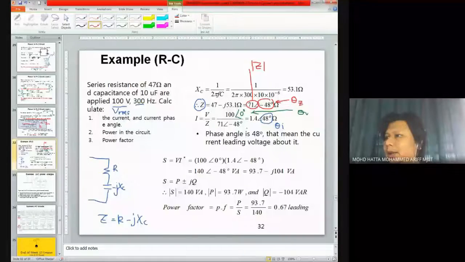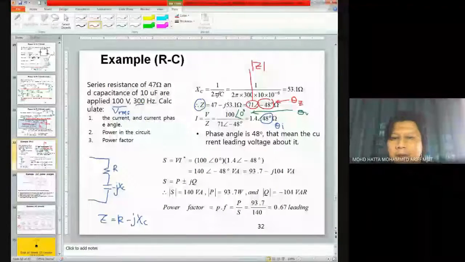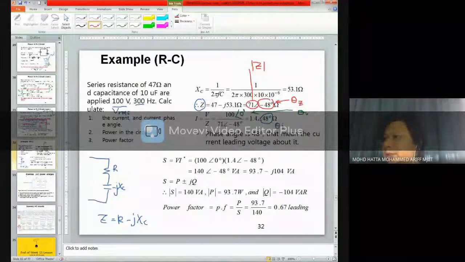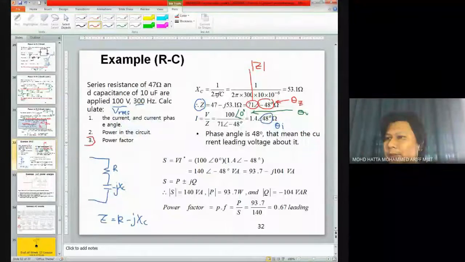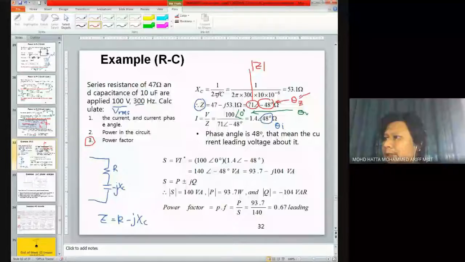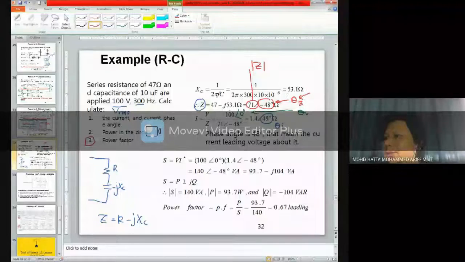And I think magnitude of Z is not quite significant compared to the usage of theta Z. Where if you look at the next, in question number 3, when we try to calculate power factor, this theta Z is quite useful in our calculation. All right. Anyway, we try to go one by one.